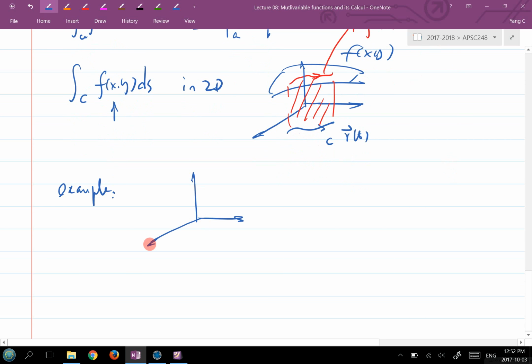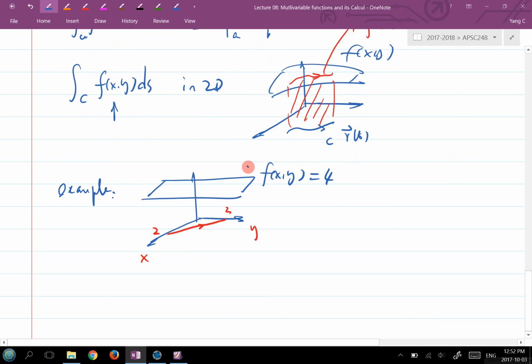Let's say I have a curve C here, in the 2D plane, a straight line. It connects from one point to another point, curve C. At the same time, I have a function f of x, y equal to 4.